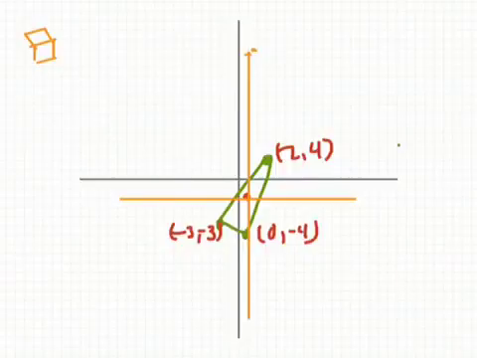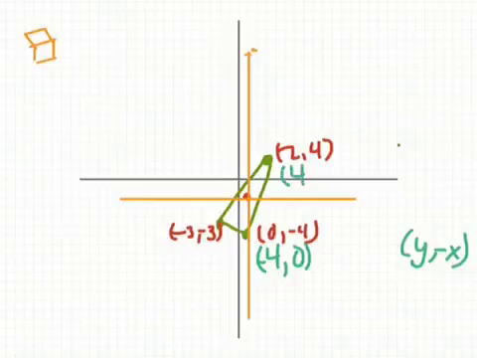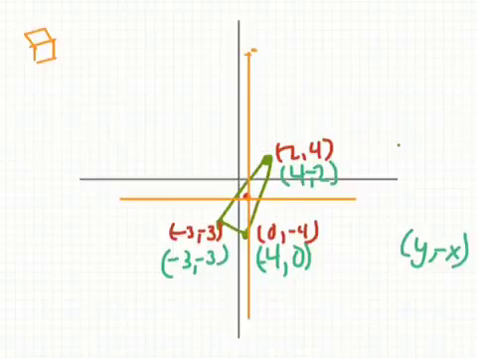The rule for 270 counterclockwise is (y, -x). So this one, I interchange, -4, 0. I can't change 0 sign, so that stays the same. 4, 2, change the sign of the second one. -3, -3, but I change the sign of the second one to positive.